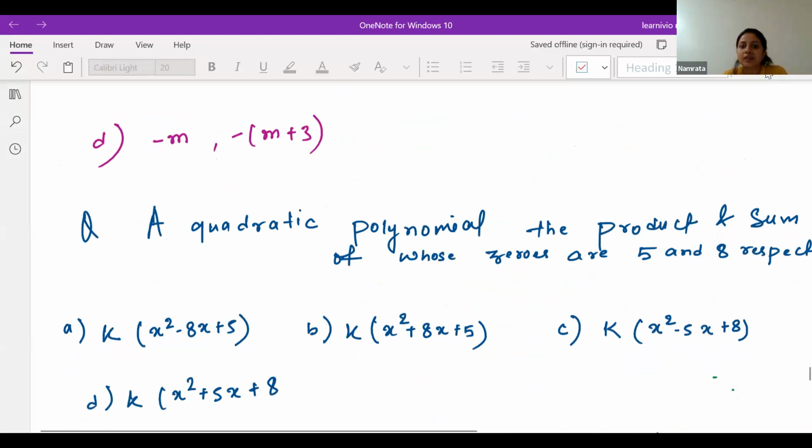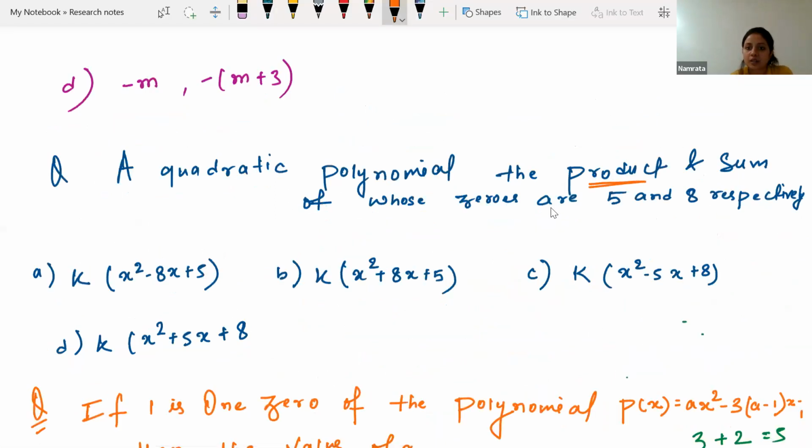Here we are having the product and the sum of zeros. Product of the roots, sum of the roots. Have you seen those type of questions in polynomial, where we can frame a quadratic polynomial using the product and the sum of the roots, that is x square minus (sum of the roots, alpha plus beta) x plus (product of the roots, alpha beta)?